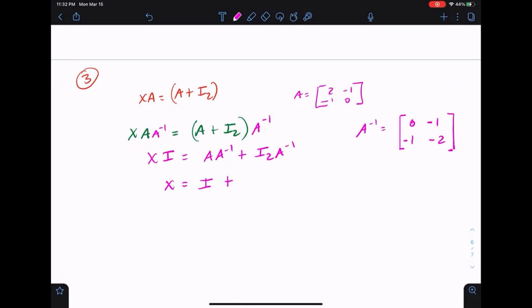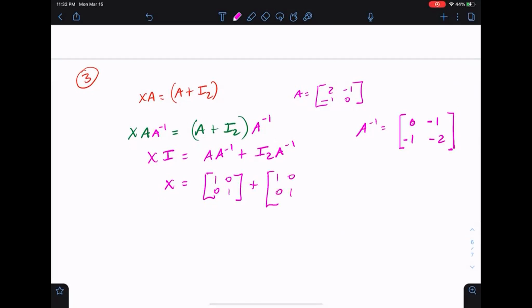So here should be the identity. You should know what it is, right? This is the identity of a 2 by 2, so this is 1, 0, 0, 1. And plus, we have 1, 0, 0, 1 times A inverse, which we already calculated right here: 0, negative 1, negative 1, negative 2.